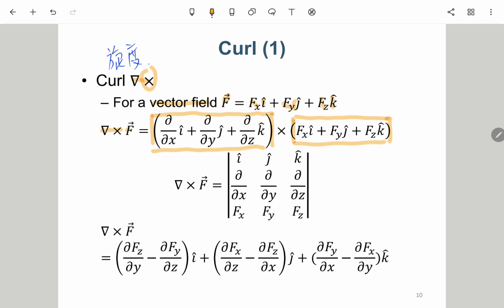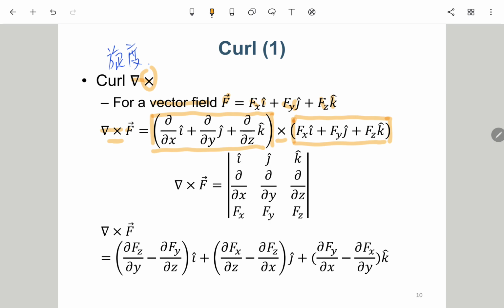Of course, in other coordinate systems, the expression will be quite strange. But anyway, the Cartesian coordinate is at least quite symmetric, so it will be easier to understand. So here we have a cross product in between.